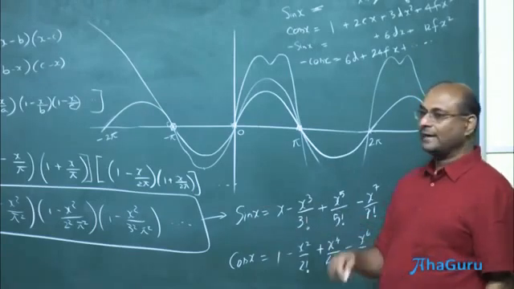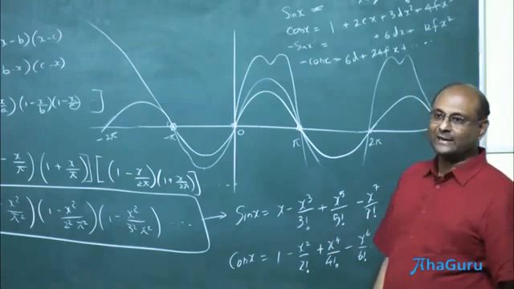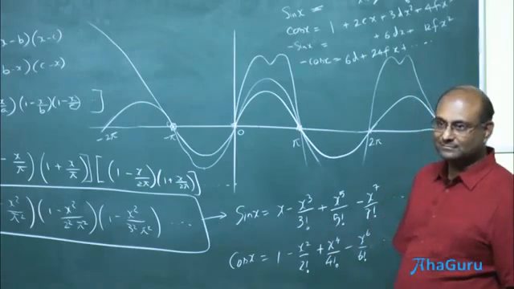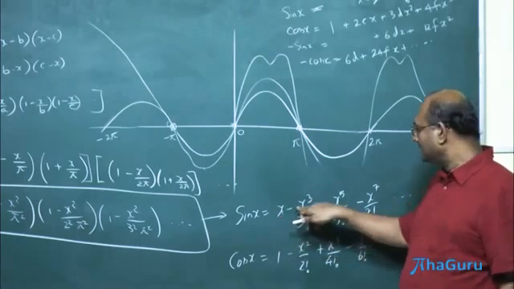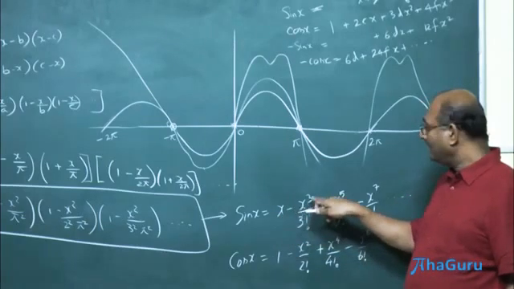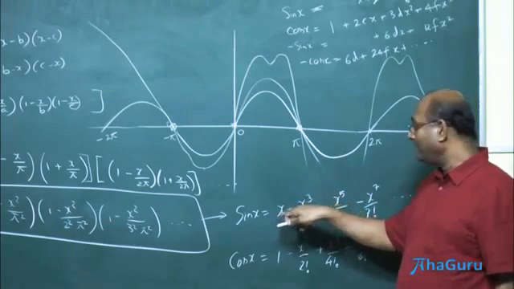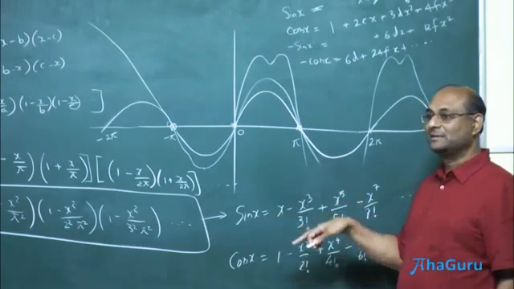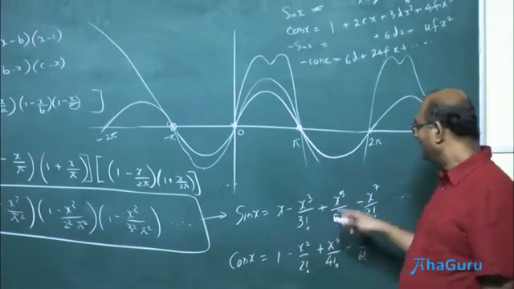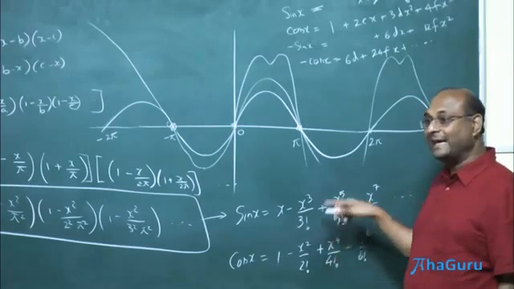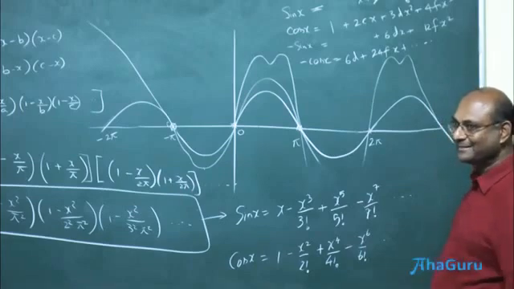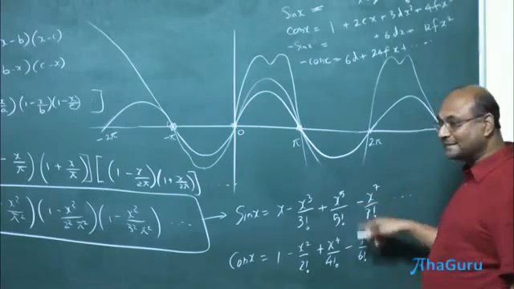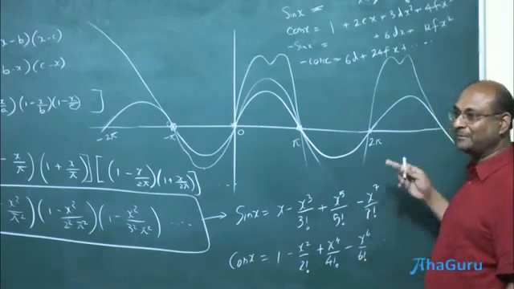By the way, if I put instead of x, if I call it I theta, this will be I theta. This will be I cube, right? So it will be plus I cube theta cube, plus I power 5 theta power 5, plus I power 7 theta power 7.